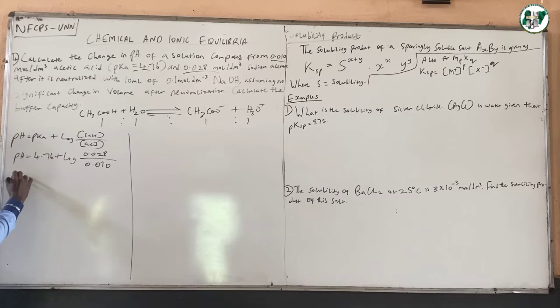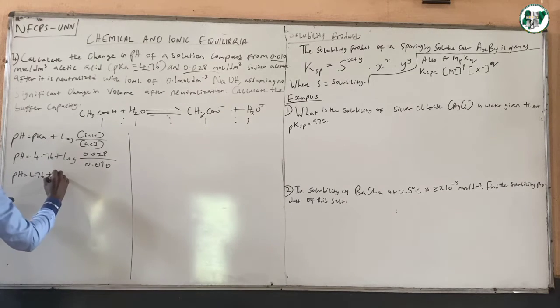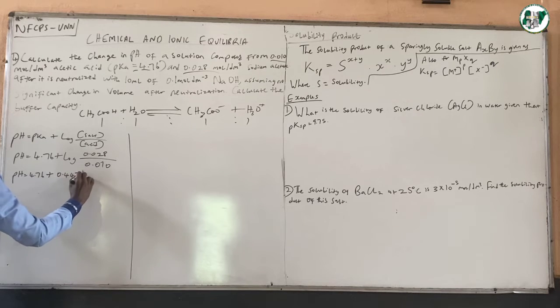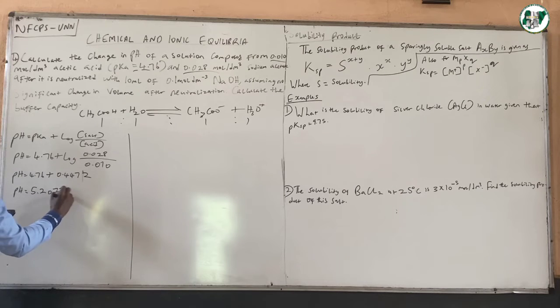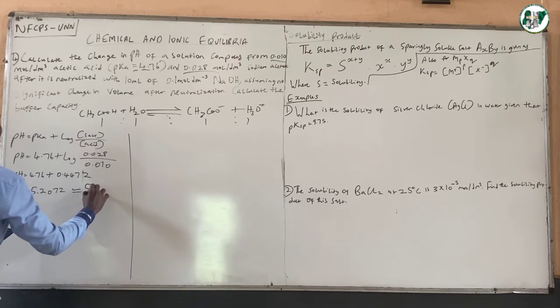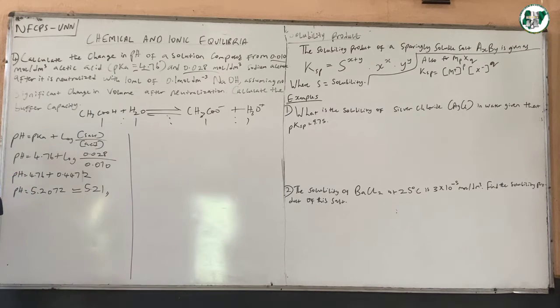So our pH is equal to 4.76 plus the logarithm of 0.028 divided by 0.01, which is 0.4472. So pH is 4.76 plus 0.4472, which gives us 5.2072, approximately 5.21. So our pH is 5.21.